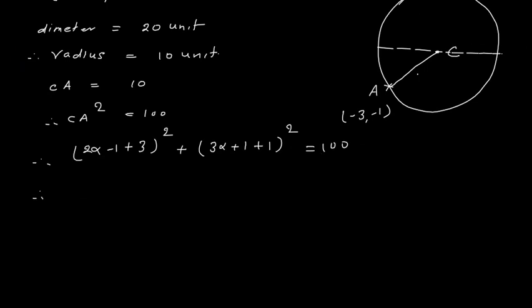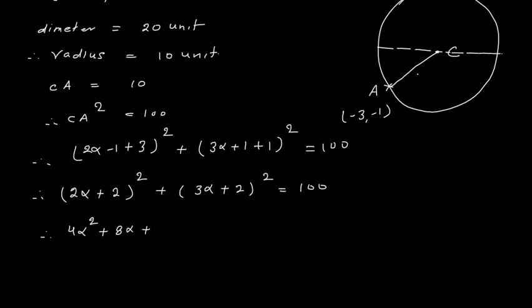So therefore here we have (2 alpha plus 2) the whole square plus (3 alpha plus 2) the whole square is equal to 100. Therefore (a plus b) the whole square gives 4 alpha square plus 2 times 2 is 4, 4 times 2 is 8 alpha plus 4, plus here 9 alpha square plus 2 times 3 times 2, which is 12 alpha plus 4. This is equal to 100.